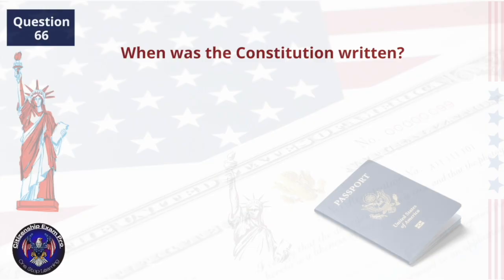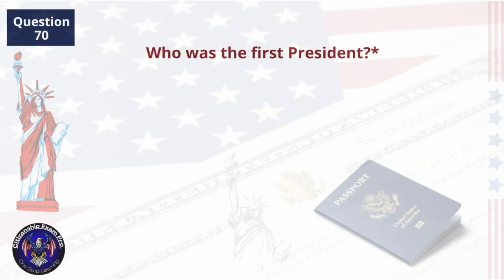When was the Constitution written? 1787. Who was the first president?